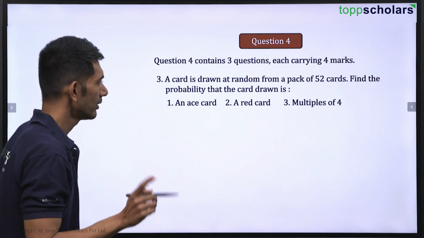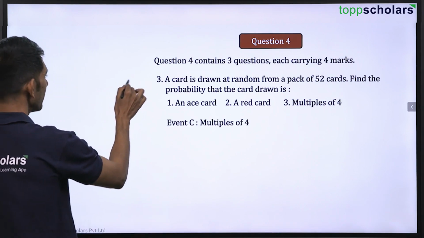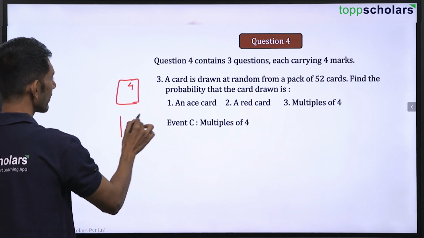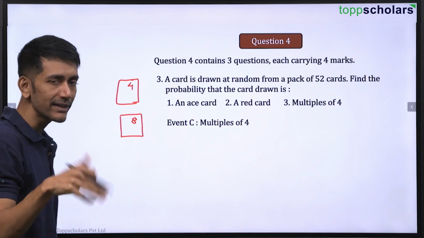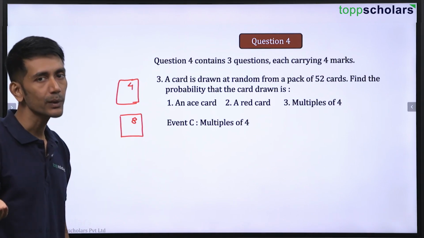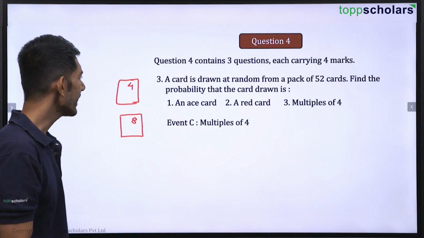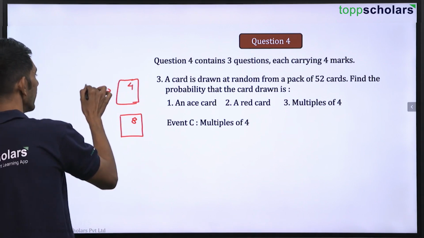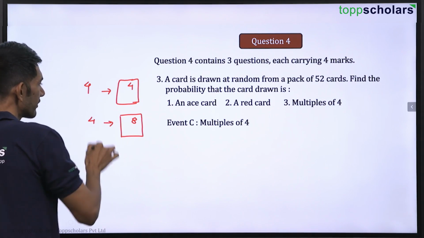Multiples of 4. Now this is interesting. Multiples of 4. Understand. So multiples of 4 means what? The cards bearing number 4 and the cards bearing number 8. Because above 10, you anyways have jack, king, queen and ace if you want to consider. So 4 and 8. So the number bearing 4, there are 4 cards, and the number bearing 8, there are 4 cards, isn't it?